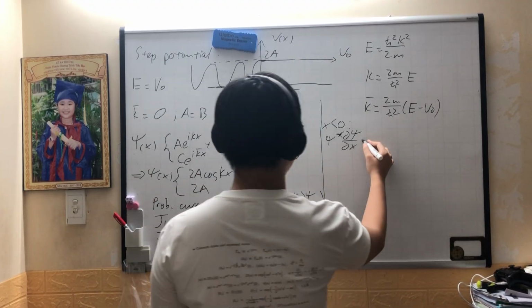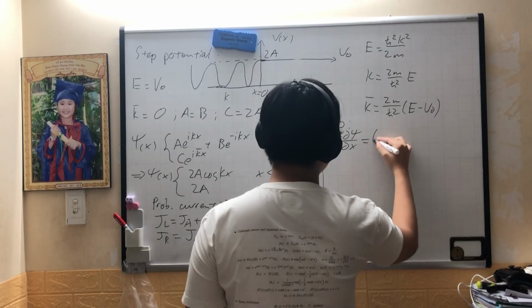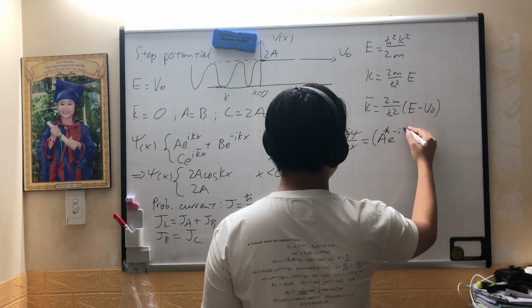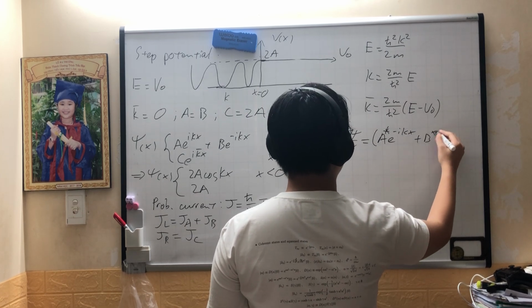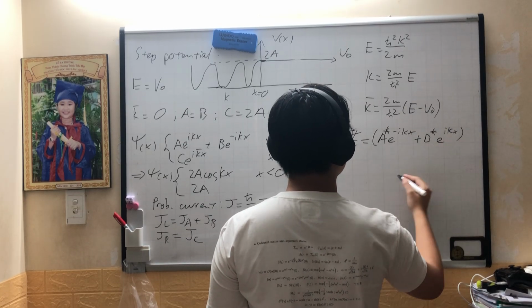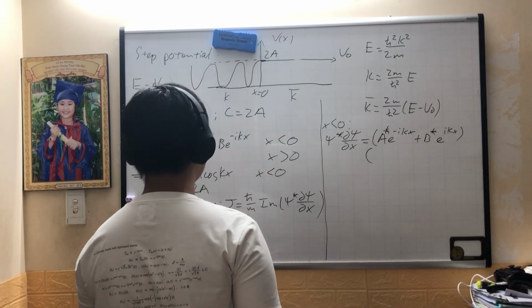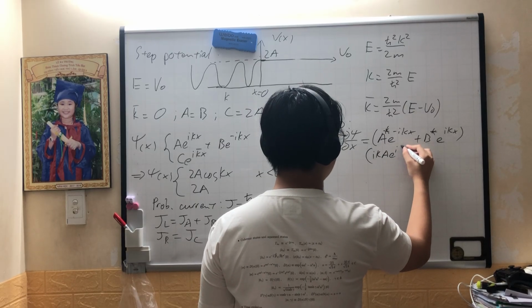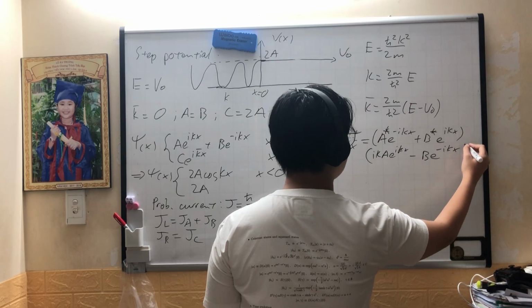Remember we're taking the left, so this is A star e to the minus ikx plus B star e to the ikx, times the derivative, which is ikA e to the ikx minus B e to the minus ikx.